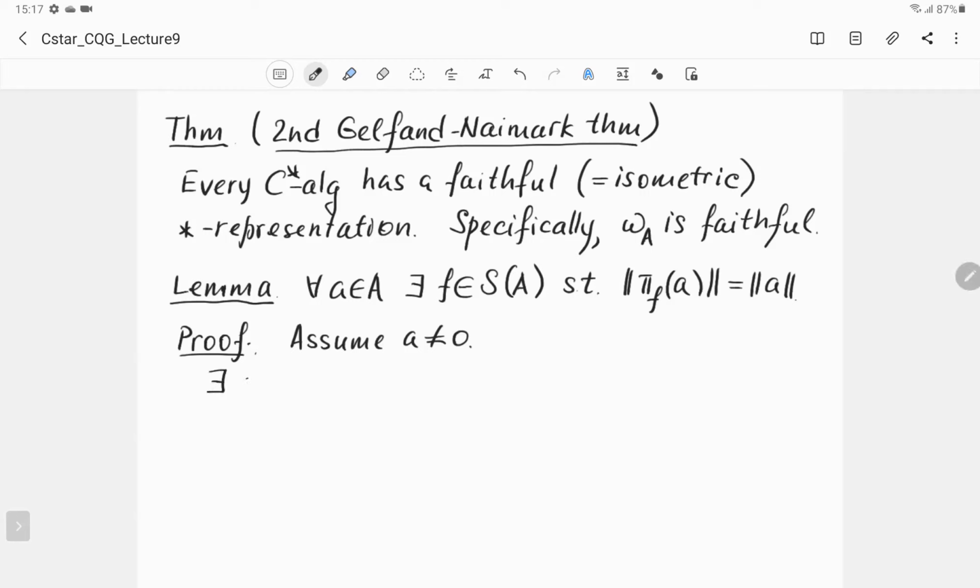So we find a state f on A such that f applied to A star A is equal to the norm of A star A. This is possible because A star A is a normal element. Actually, it is self-adjoint.